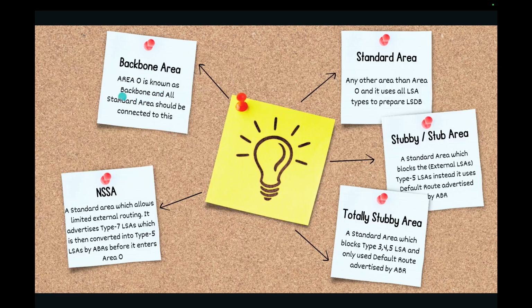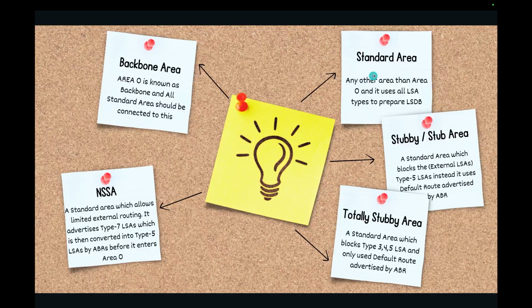And the next definition is for the standard area. Usually any area other than area 0, the backbone area, is considered a standard area, and it processes and transmits all the LSA types, and it will prepare the LSDB.